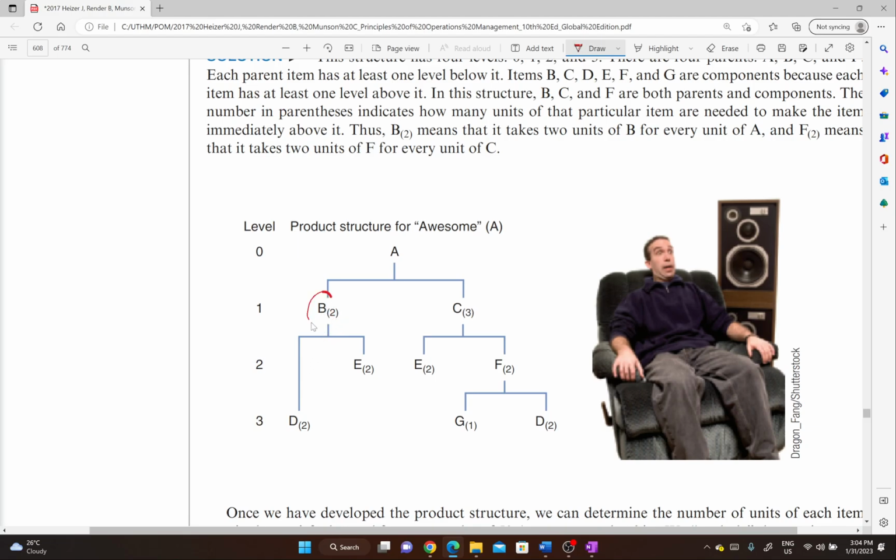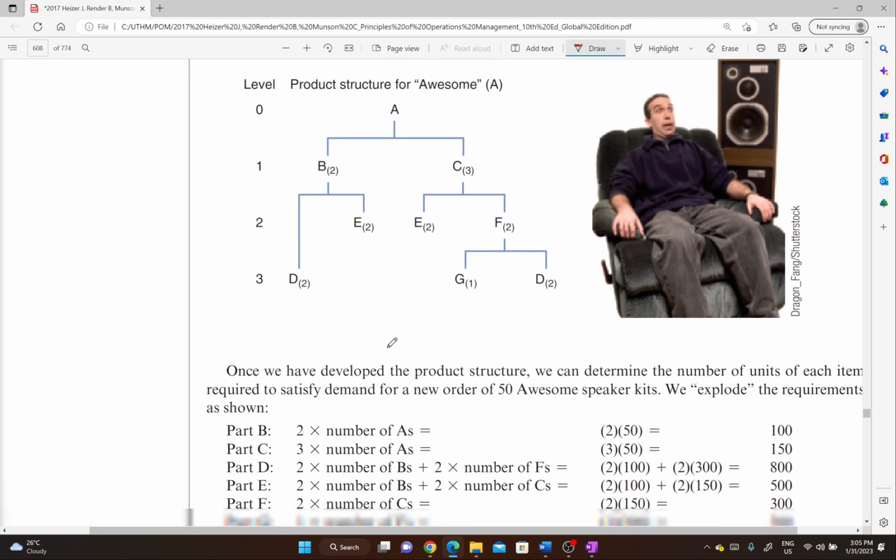If I want to make B, I need 2D and 2E, and likewise 2E and 2F, and for me to make F I need 1G and 2D. So this is product structure. It looks like a networking, kind of tree diagram.